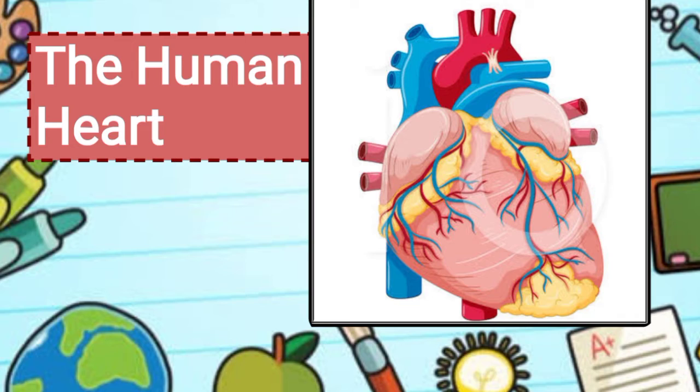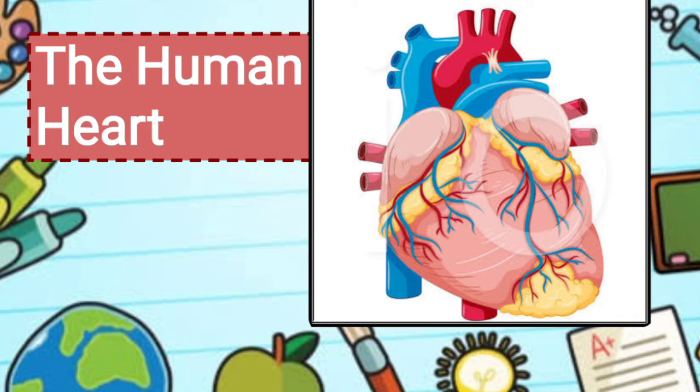But what is the heart? The heart is a muscular organ that pumps blood to all parts of the body. And it is situated in the chest just behind and slightly toward the left of the breastbone.